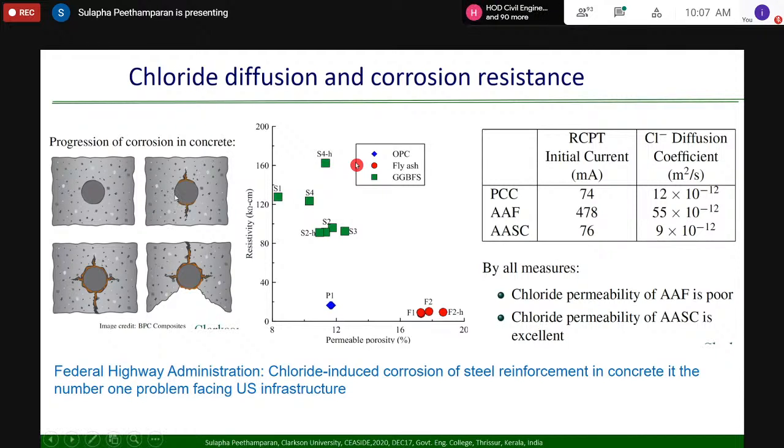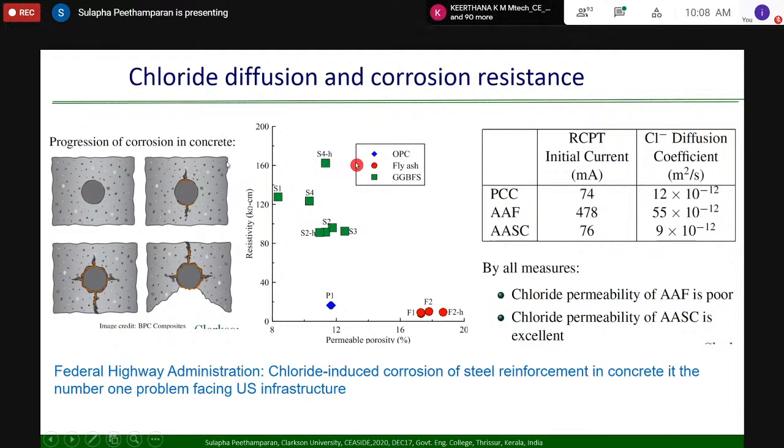Corrosion, all of you know what corrosion is. We use reinforced concrete, and the rebar, when it comes in contact with chloride or carbonation, will rust and expand, which causes cracking of your concrete. How good the corrosion protection is depends upon how much chloride penetrates into the concrete and reaches the steel.